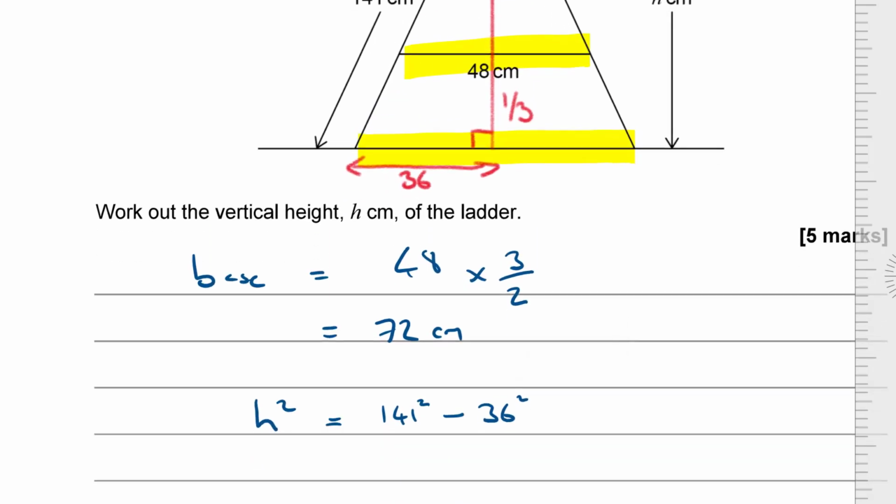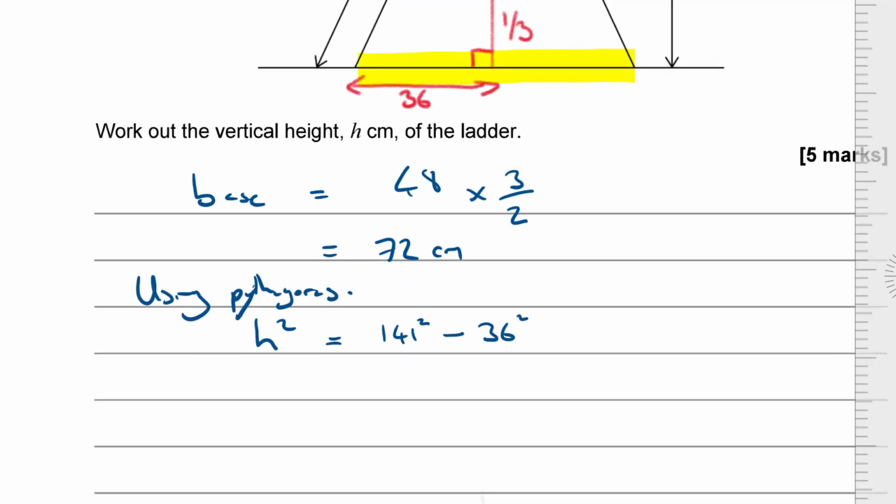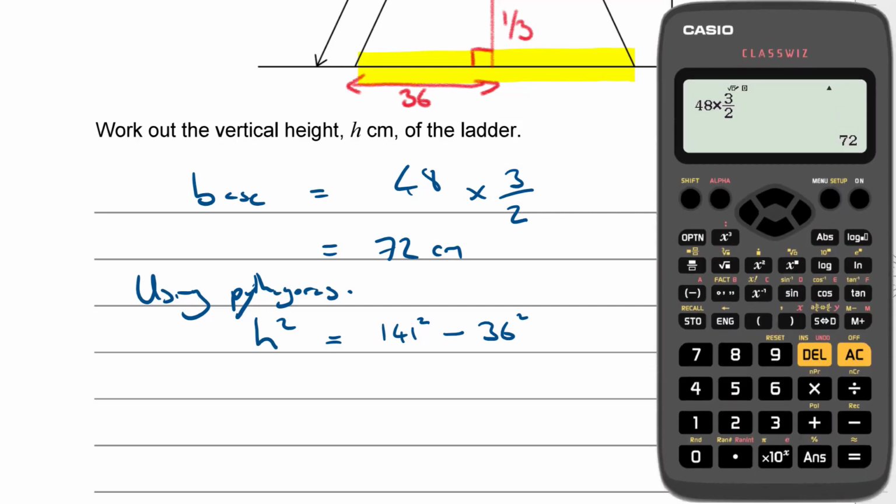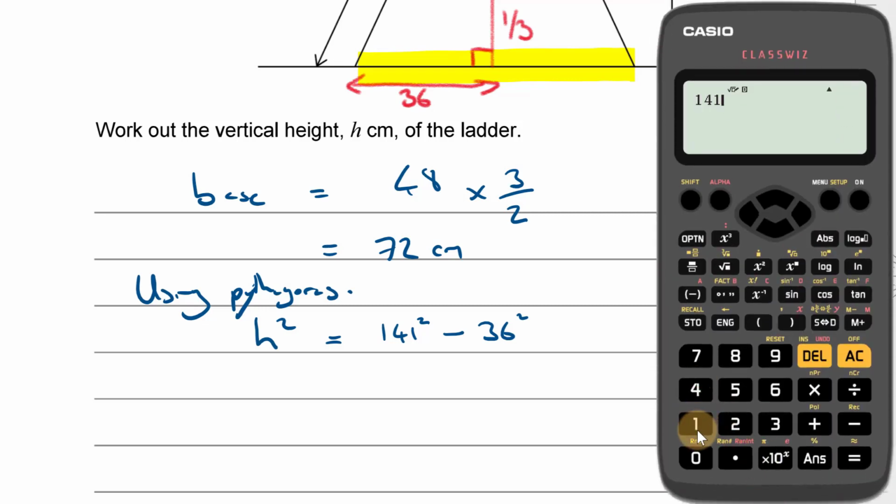And that's using Pythagoras, isn't it? So what is 141 squared minus 36 squared? 141 squared minus 36 squared comes out to be 18,585.